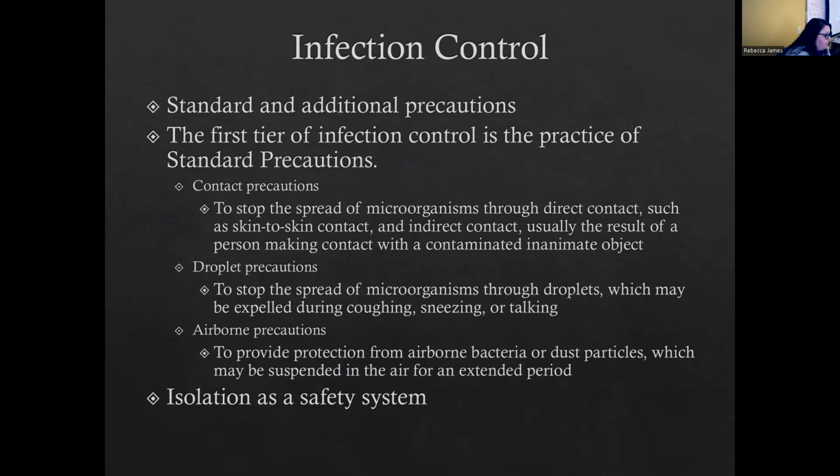These precautions require that protective protocols be followed whenever contact is made with blood and body fluids. Then, transmission-based precautions can be divided into three different categories: contact, airborne, and droplet.